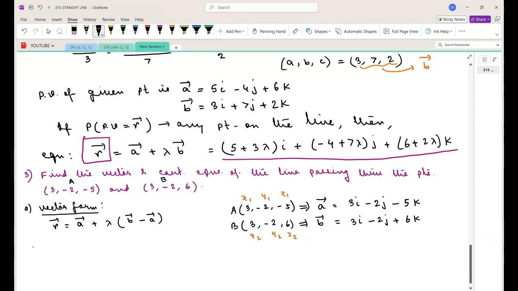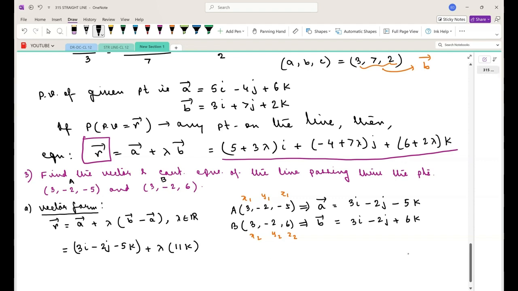So now if we plug in the values, a is 3i minus 2j minus 5k, lambda belongs to R, very important, plus lambda (b minus a). If you calculate b minus a, it is 11k.